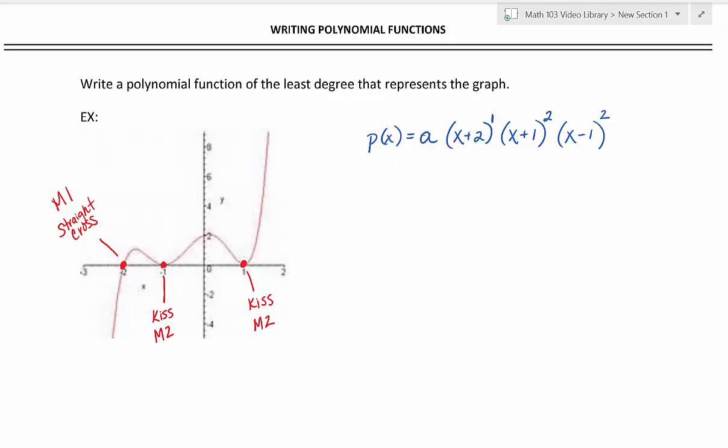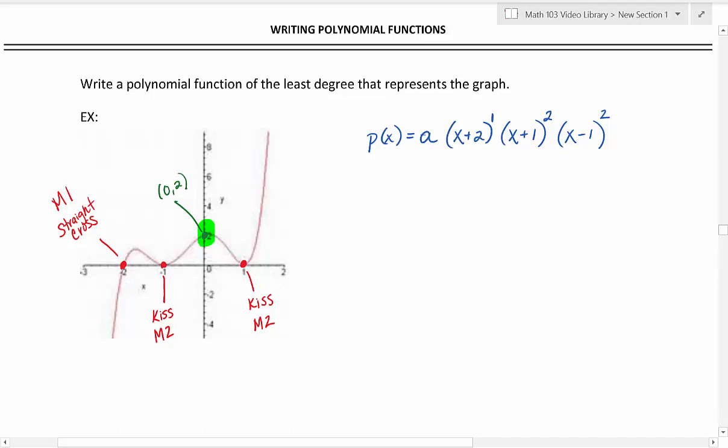Well, now we have to figure out what a is. To figure out what a is, you want to choose a point that's on your graph that is not an x-intercept, plug it in, and solve for a. Notice that we have the y-intercept, (0, 2).